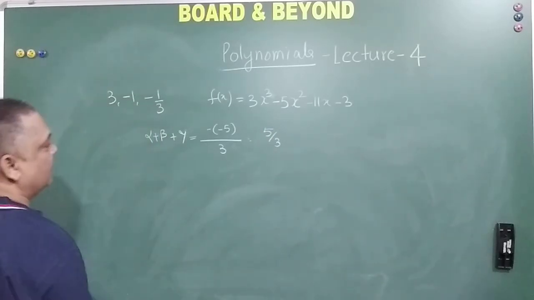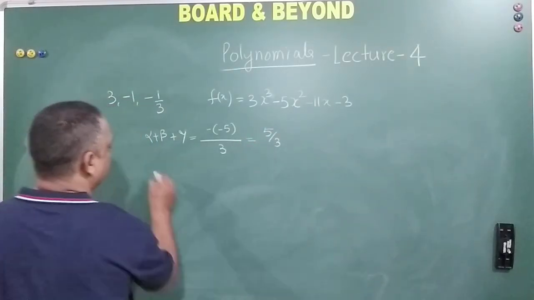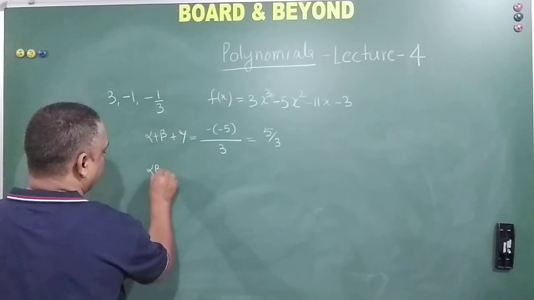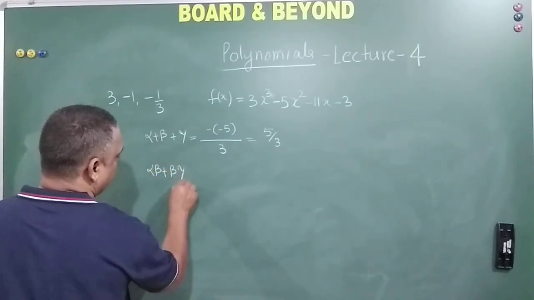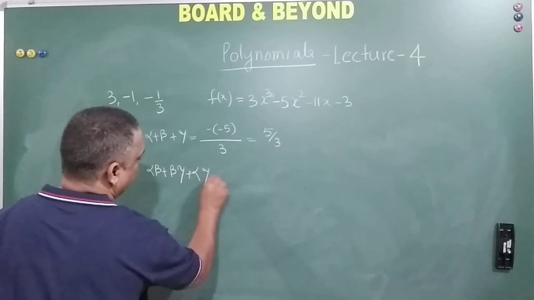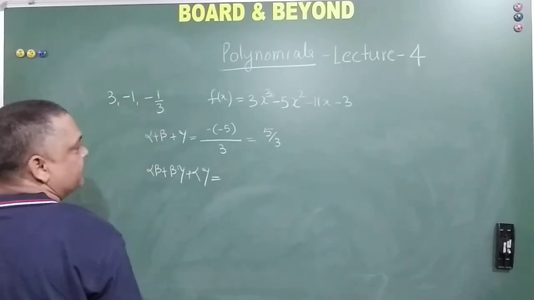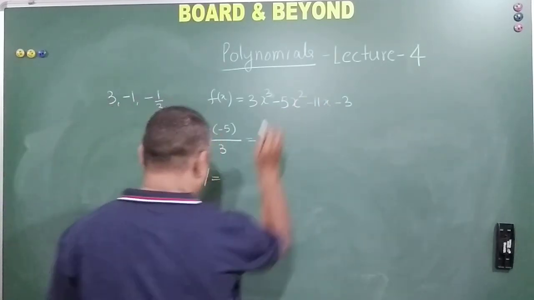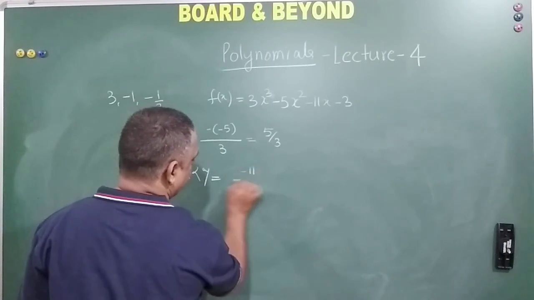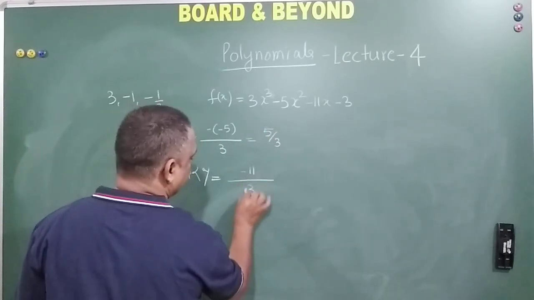So alpha beta plus beta gamma plus alpha gamma is equal to the coefficient of x, that is minus 11, divided by 3.